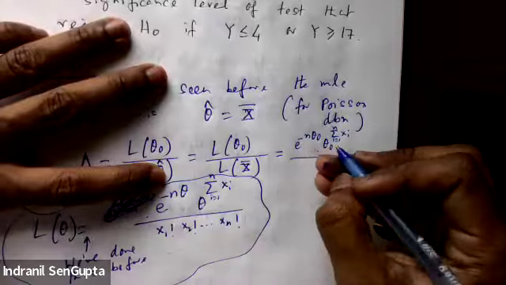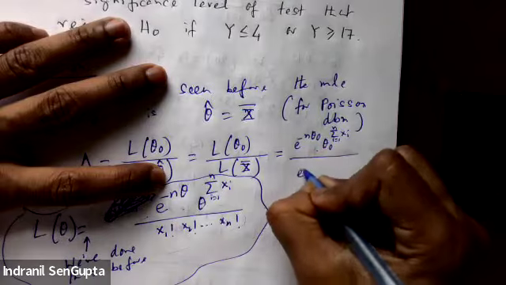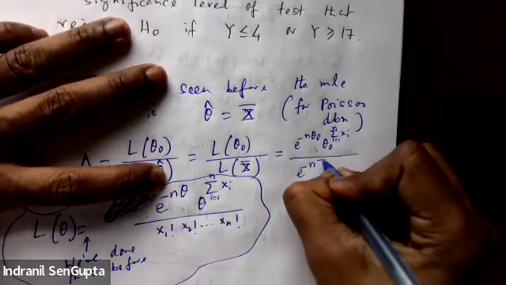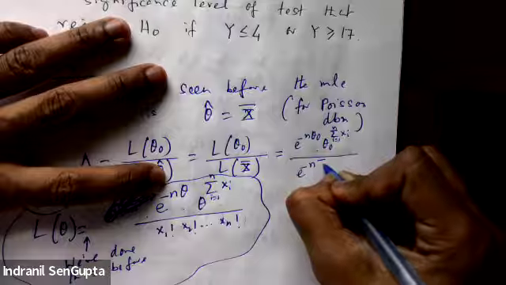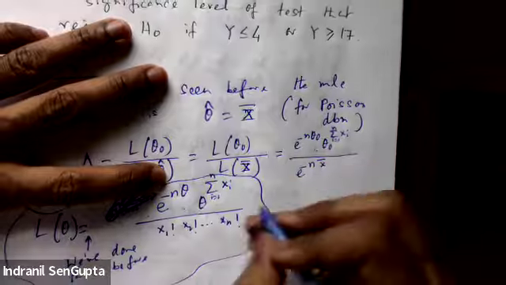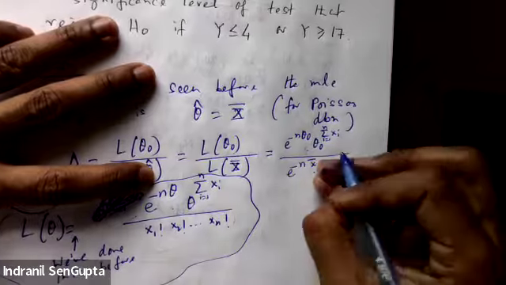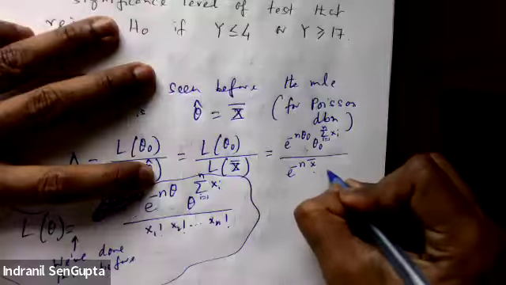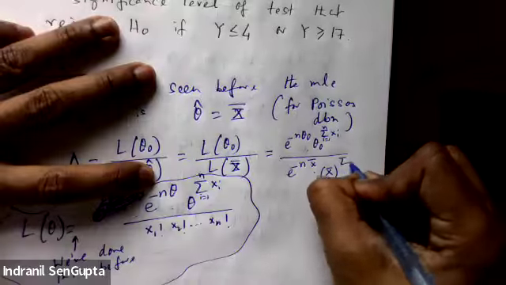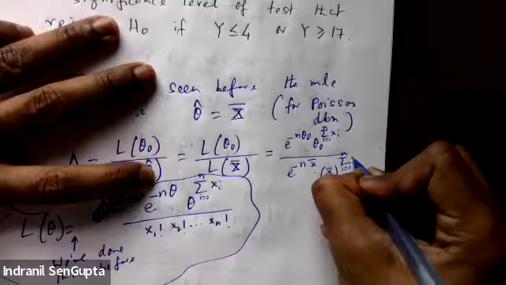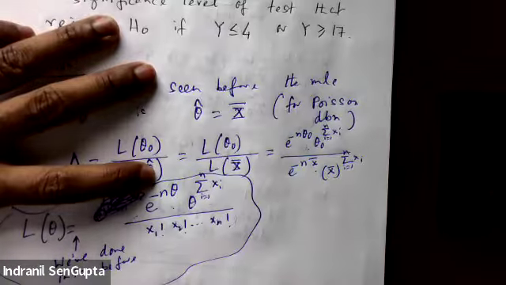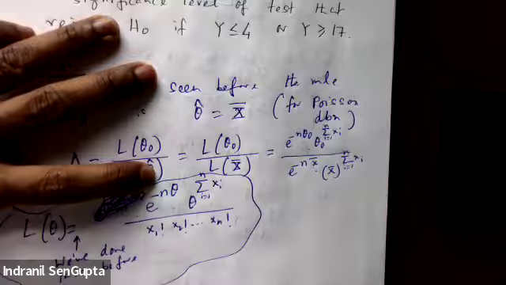So I have to write this as e to the minus n x bar times x bar to the summation i from 1 to n x_i. Okay? It's messy, but it is what it is.